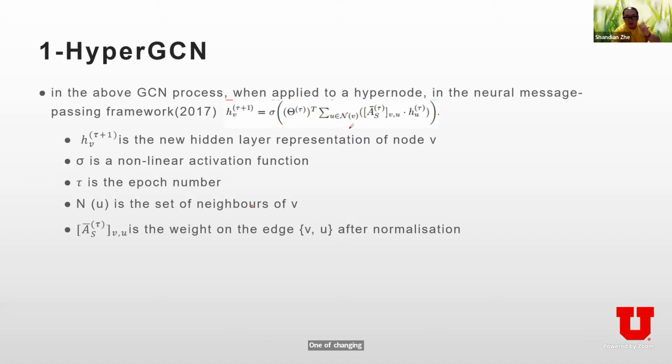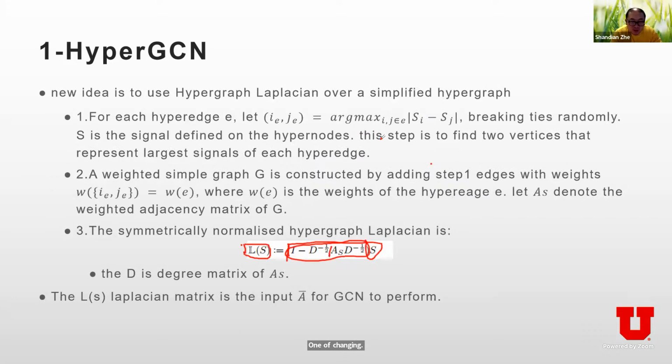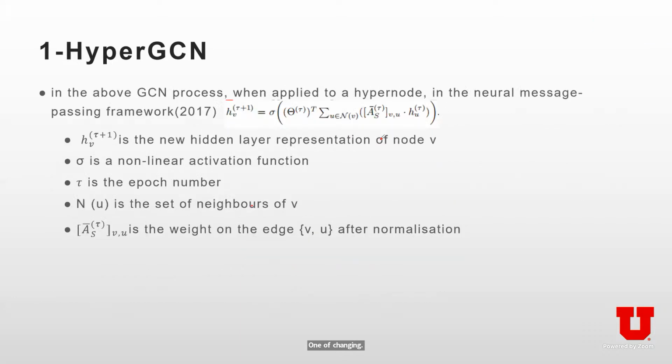Okay, so it looks like their A bar S tau will vary along with tau, the number of epochs, right? How is it possible? Once you convert it into a normal graph, the graph structure will be fixed, right? Why do they change?